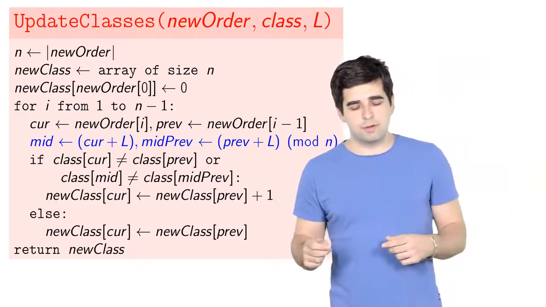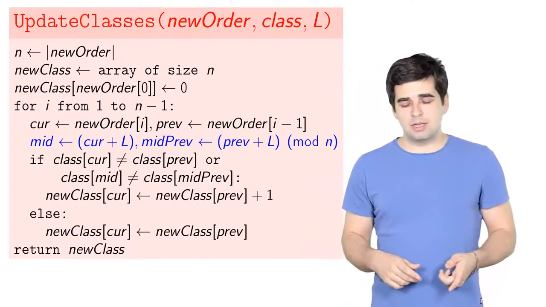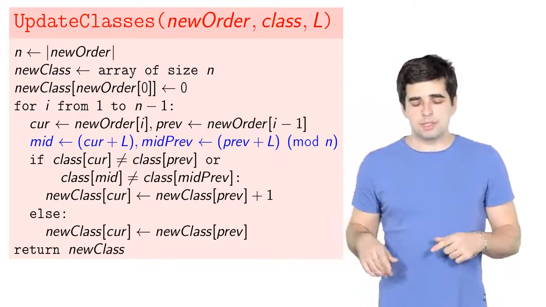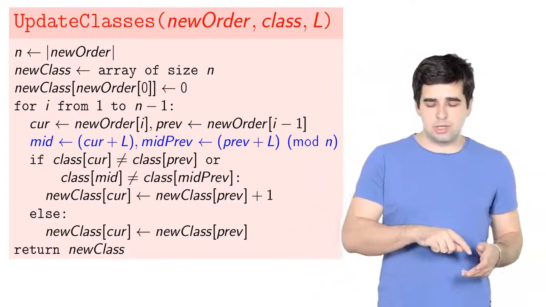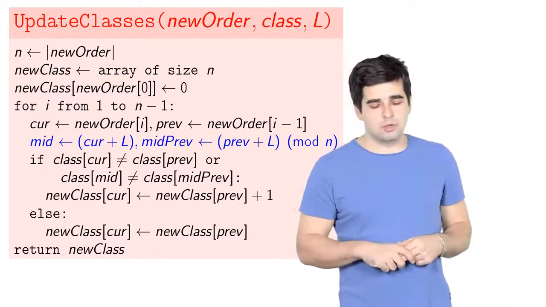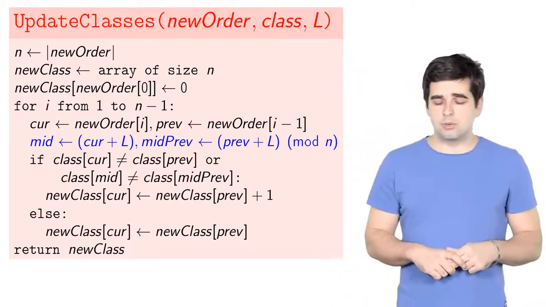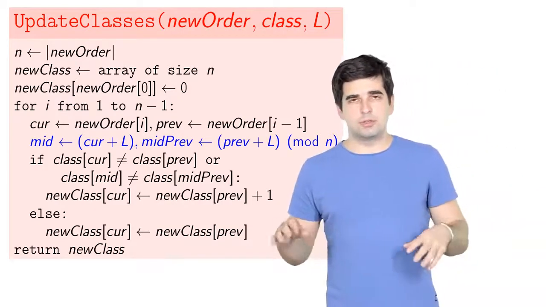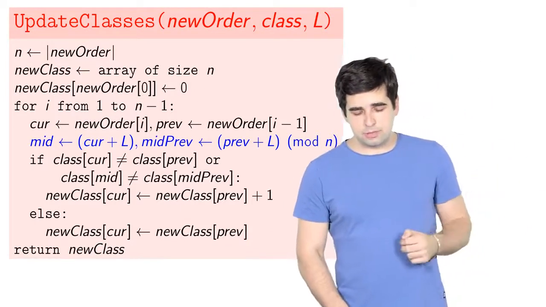So cur and prev are the starting positions of the doubled cyclic shifts, and mid and mid prev are the starting positions of their second halves. To compute them, we just move clockwise to the right by L. So we add L and take everything modulo n, which is the length of the string. And now we do just what we did in the example.